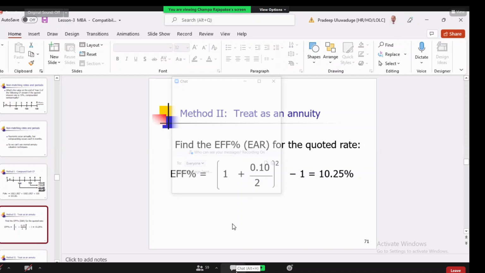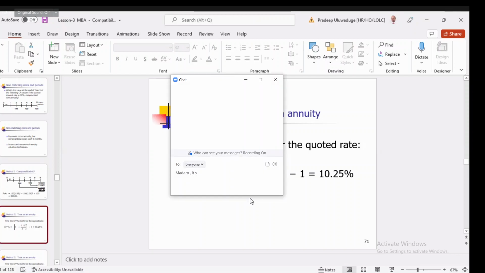I hope you remember that in our last lesson we learned how to calculate the APY. It is 1 plus r to the power n, minus 1. Since it is compounded more than once a year, you divide r by m, so that is 1 plus r over m to the power n times m, minus 1, which gives the effective interest rate.